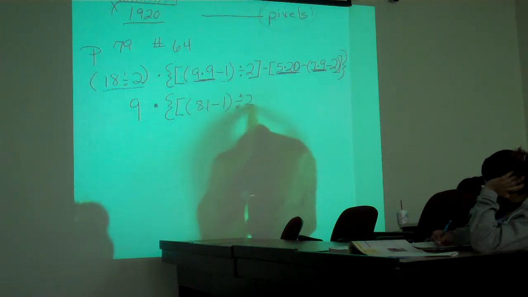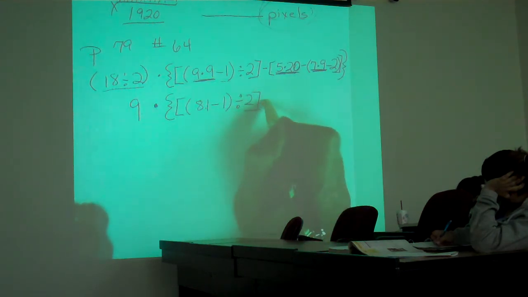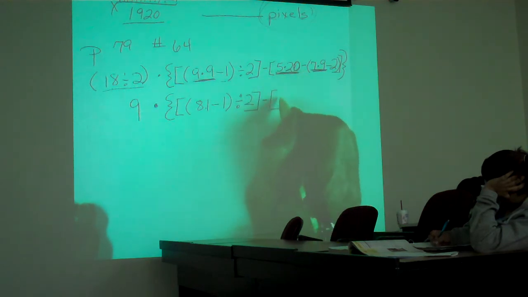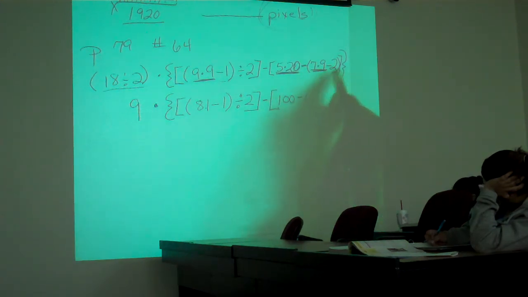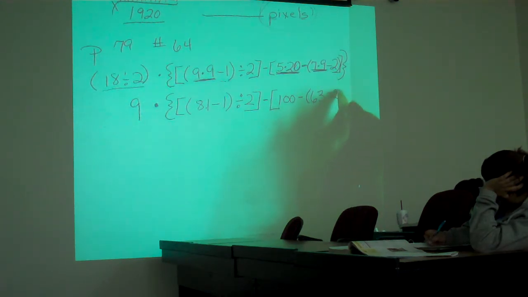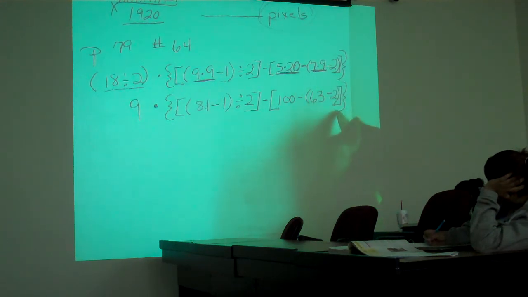Rewrite divided by 2 in the bracket, minus 5 times 20 is 100, minus, in this parenthesis, 7 times 9 is 63. Then minus 2.